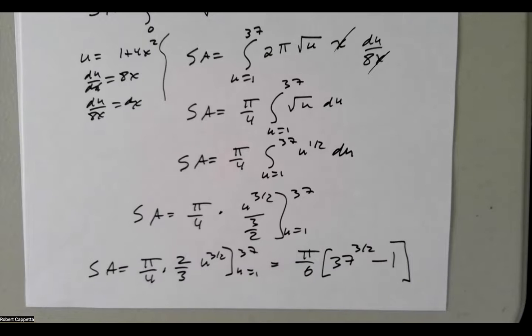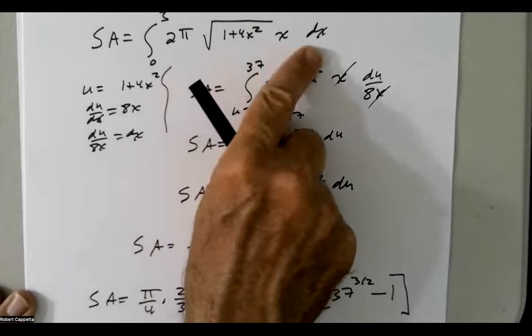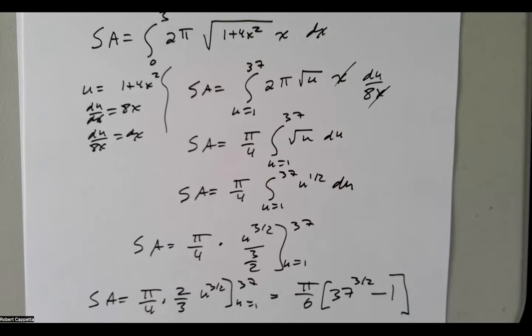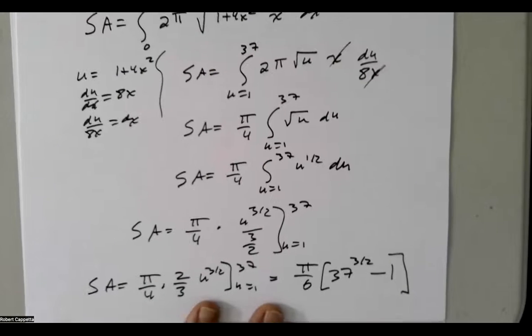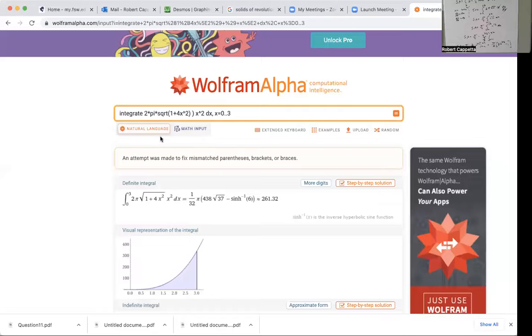And as tedious as that was, let's do a quick check on technology to see if that's correct. I'm going to feed Wolfram Alpha my original integral, which is here, 0 to 3 of 2 pi times the square root of 1 plus 4x squared times x, to see if I get that result. So let's go to Wolfram Alpha, which is here, and I'm integrating 2 pi times the square root of 1 plus 4x squared times x dx.